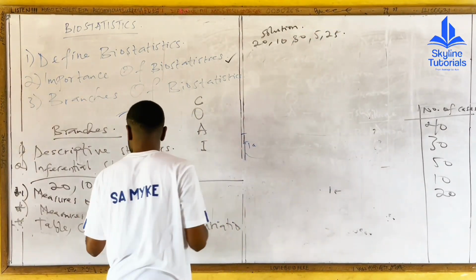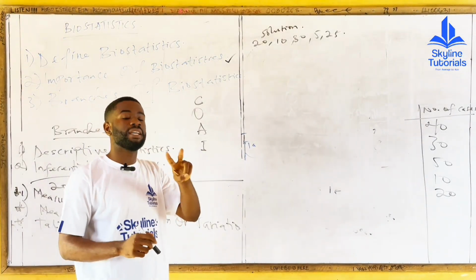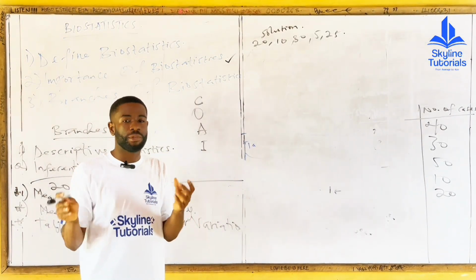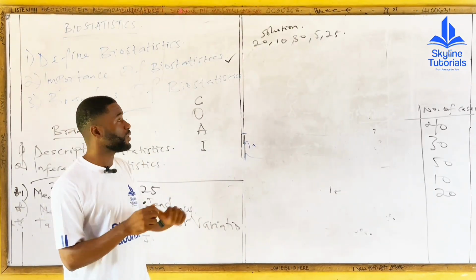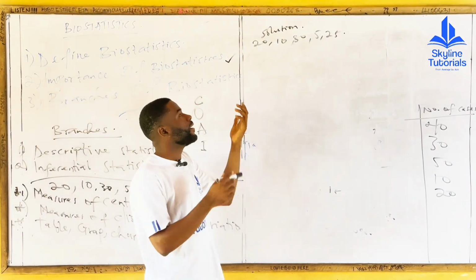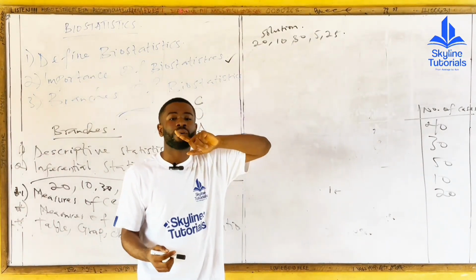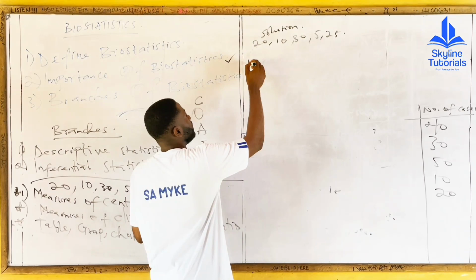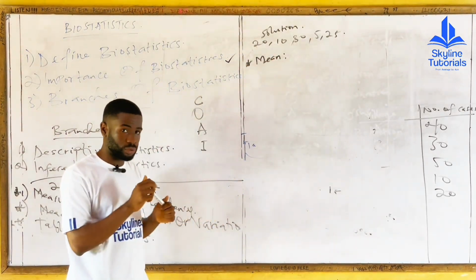So using the measures of central tendency, which includes the mean, the median, and the mode, we would have an episode for that exclusively. But let's just give an overview of what it entails here. So we can be asked, using this data, to calculate the mean of their scores.